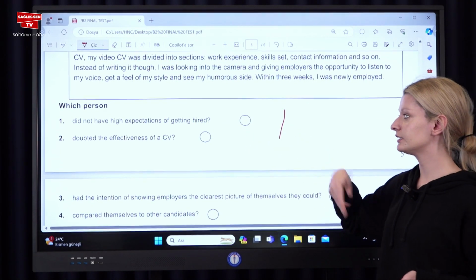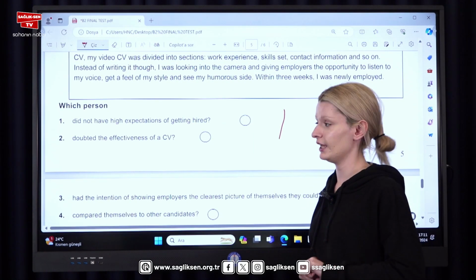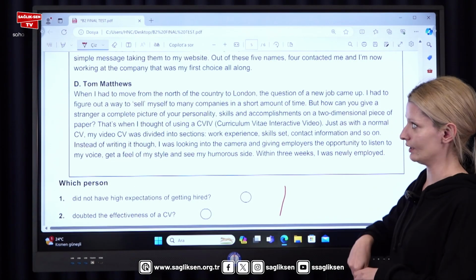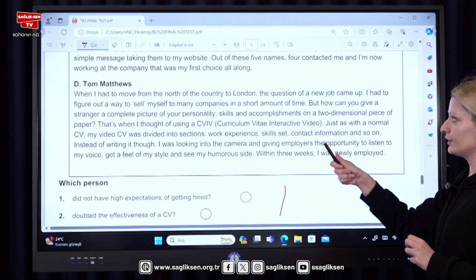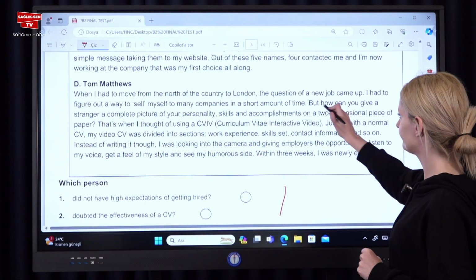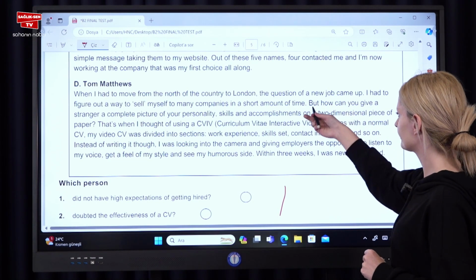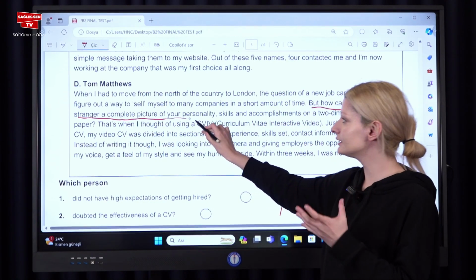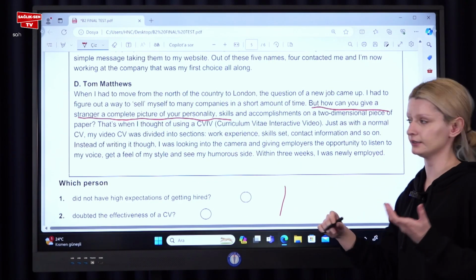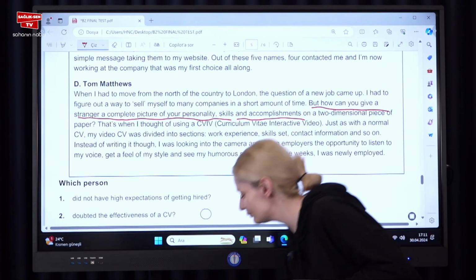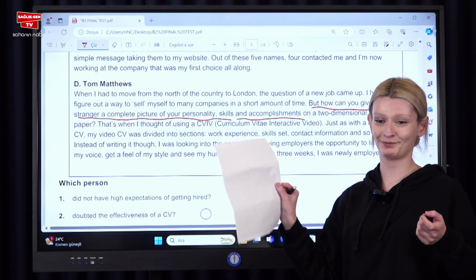Who doubted the effectiveness of a CV? Let's look at the last one. Tom Matthews says that, how can you give a stranger a complete picture of your personality, skills, and accomplishments on a two-dimensional paper?